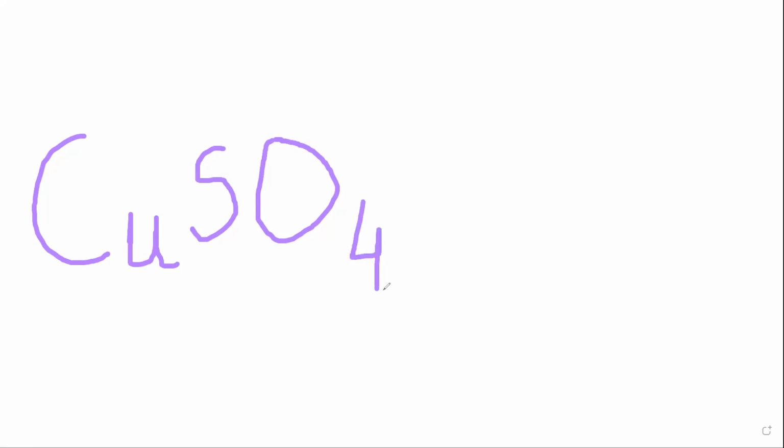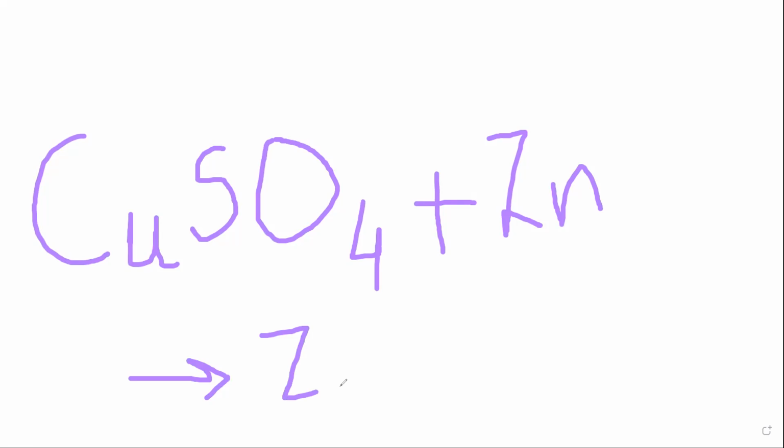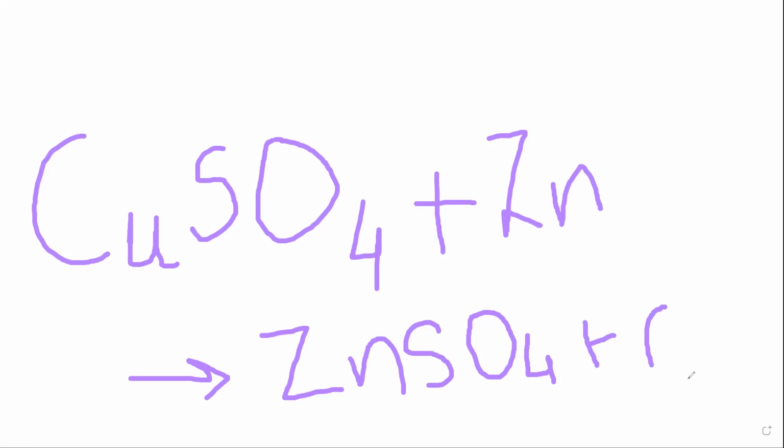So this copper sulfate is converted, the zinc metal replaces this copper from here, and as a product, zinc sulfate is created, ZnSO4, and as copper is replaced by zinc, it will exist now in this form.